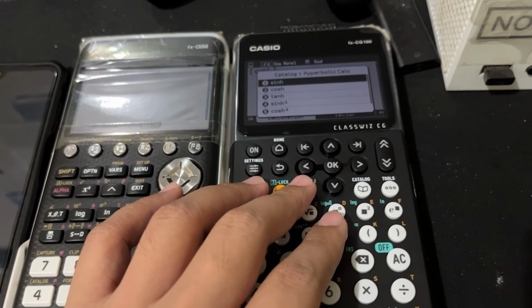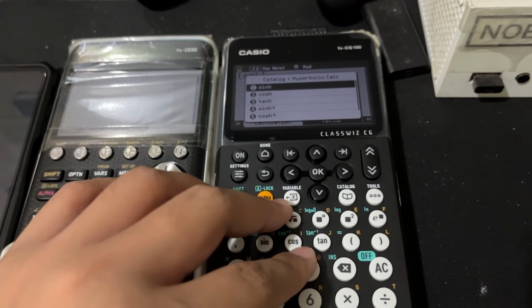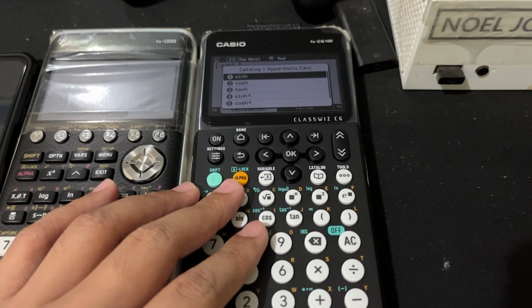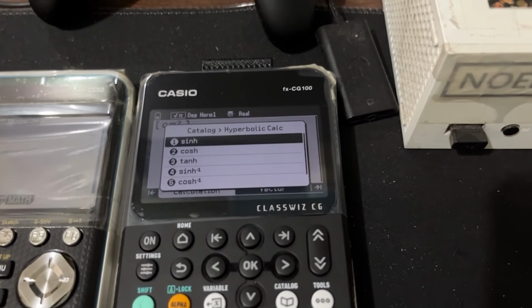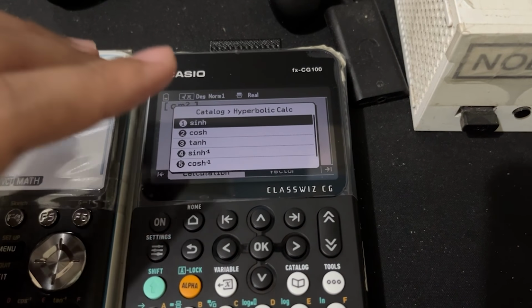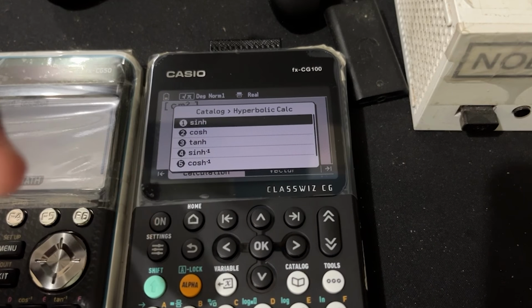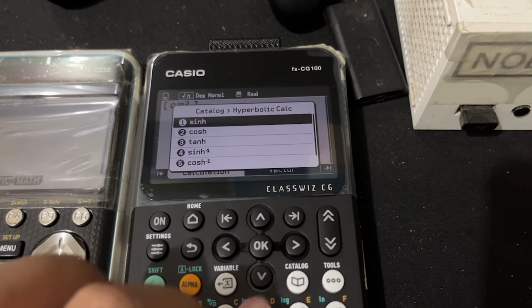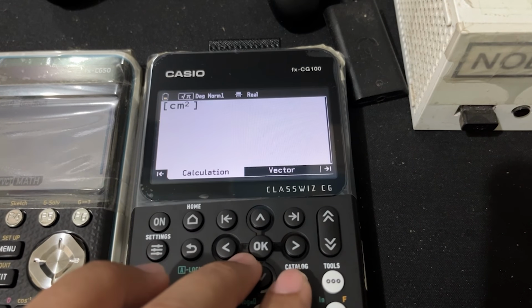This is the ClassPad CG, the newest high-end calculator, an expensive calculator. But then don't bring anything out. Yeah, it's still expensive. So anyway, you're going to check the catalog.